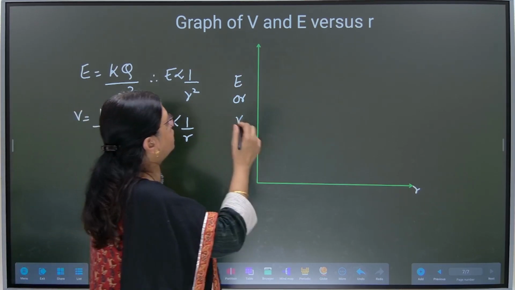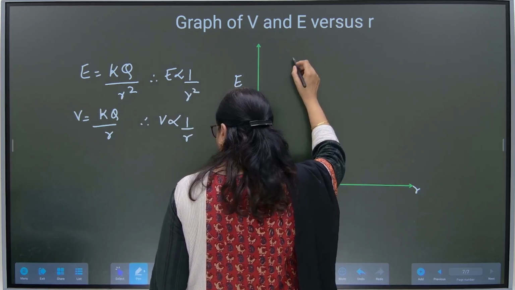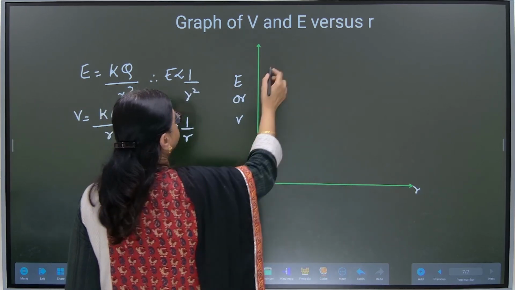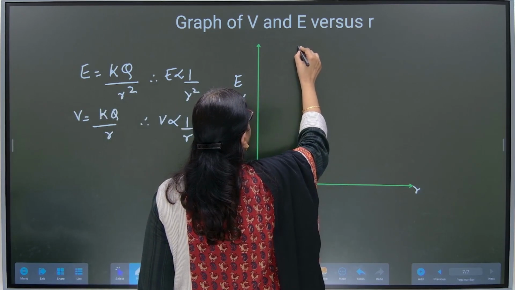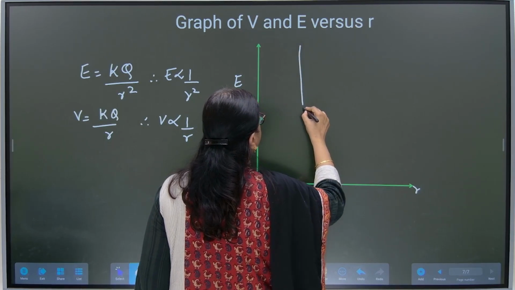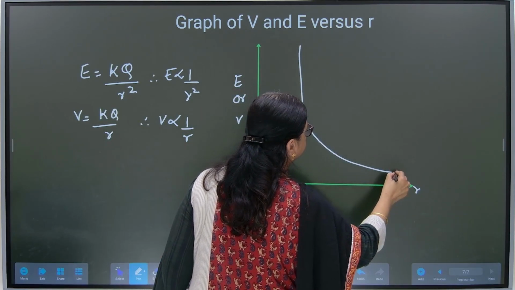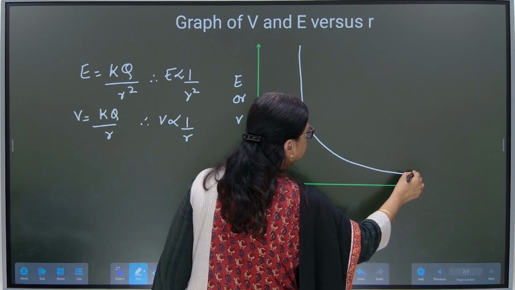First let us draw for E, it is a negative graph as seen.